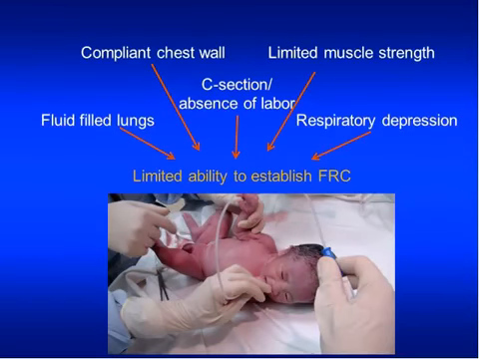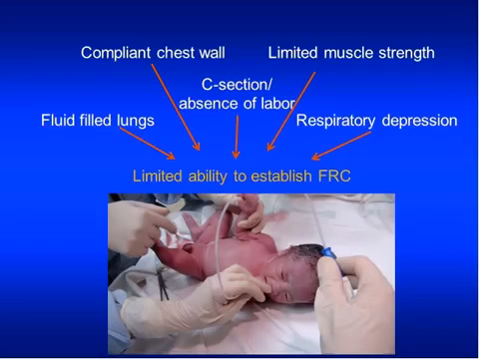So here we have our little baby, who is premature, who is having some challenges in establishing an adequate functional residual capacity immediately after birth. As you know, the fetus lives in a fluid-filled environment. The lungs are filled with fluid, and the baby must, in a very short period of time, clear that lung fluid, draw sufficient volume of air into his lungs, and retain that functional residual capacity at the end of exhalation.